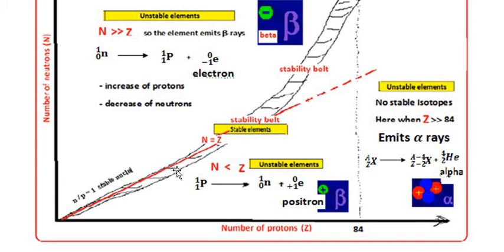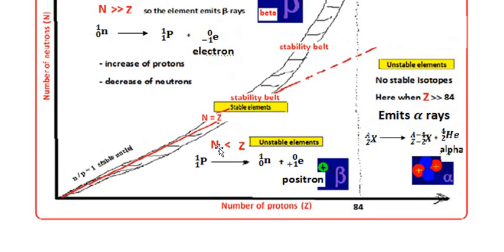If the number of neutrons is greater than the number of protons, these elements present in this area radiate beta negative radiation, and this is because a neutron is converted into a proton and a negative electron.